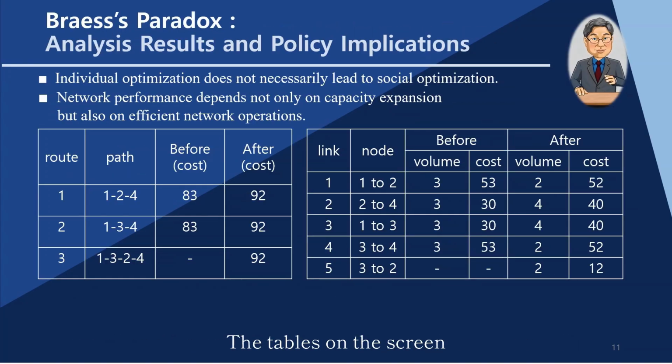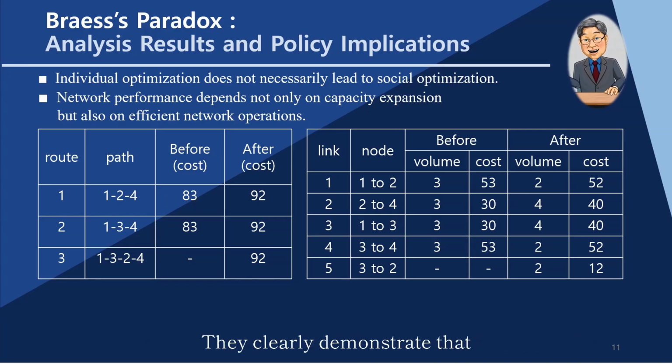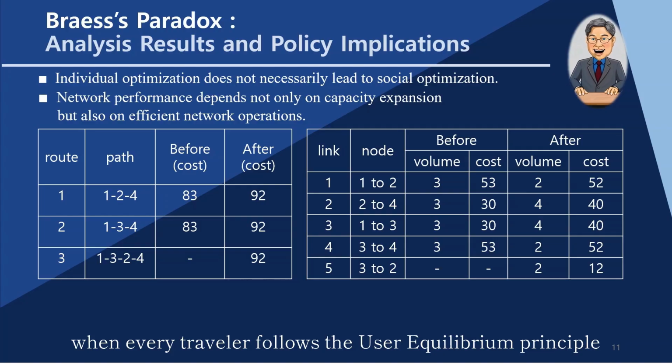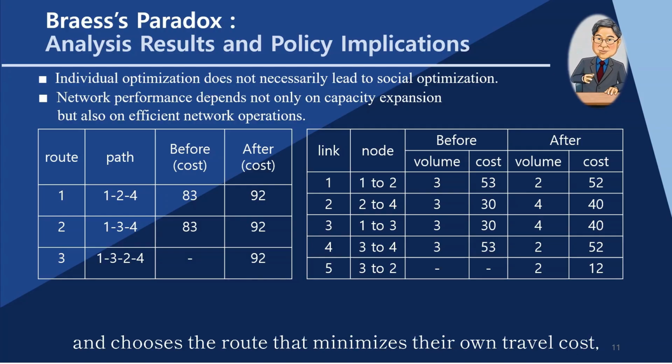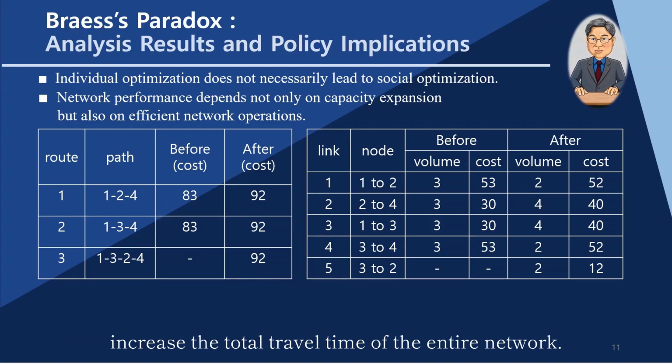The tables on the screen summarize the numerical results of the previous example. They clearly demonstrate that when every traveler follows the user equilibrium principle and chooses the route that minimizes their own travel cost, the addition of a new road can paradoxically increase the total travel time of the entire network.